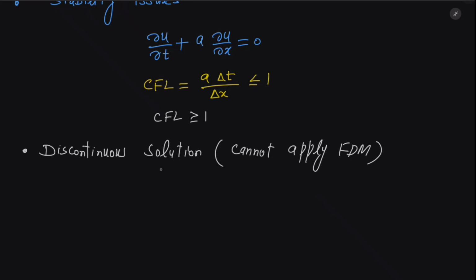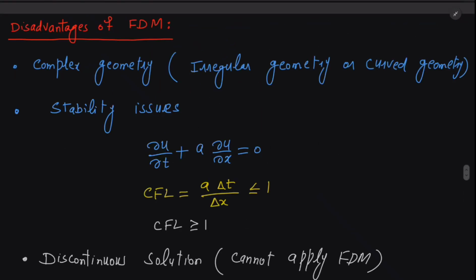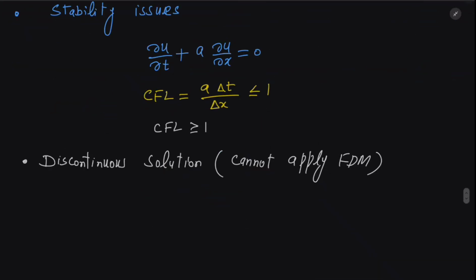But for a discontinuous solution, we cannot write this in Taylor series form, so we cannot use the finite difference method. So these are a few disadvantages of the finite difference method, and one of the biggest is the discontinuous solution.